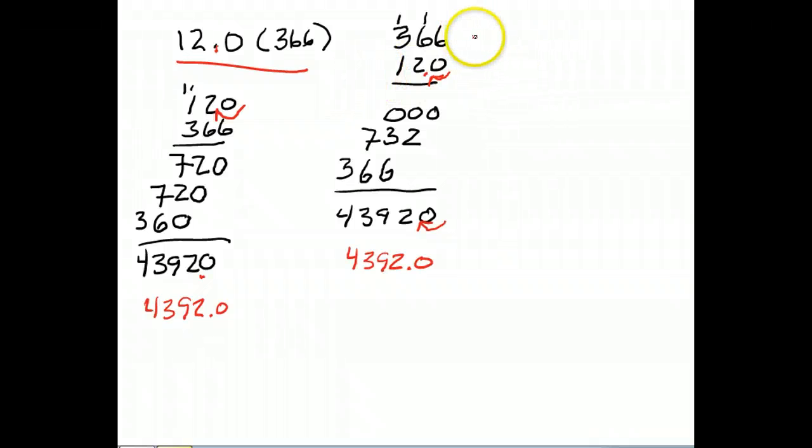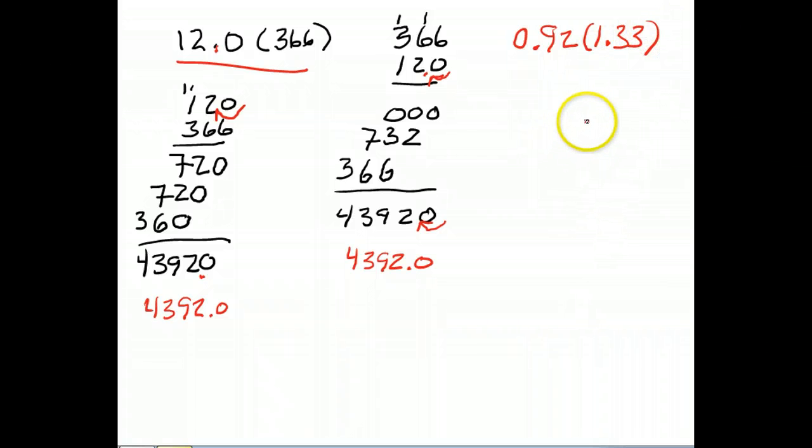You're going to multiply first, and then you're going to manage your decimal position in your original problem and your answer second. If we do one more quick problem and multiply something like 0.92 times 1.33, we don't have to worry about the 0 out front.